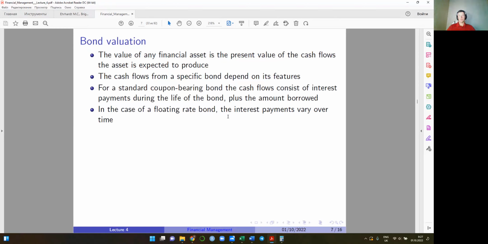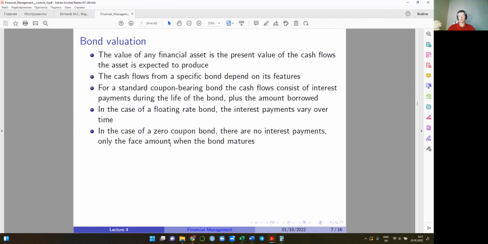If there is a floating rate bond, the interest payments will vary over time. In the case of a zero coupon bond, there are no interest payments, only the face value amount when the bond matures. That's all. So this is a general scheme of cash flows from a bond.